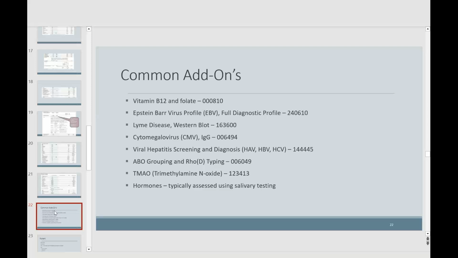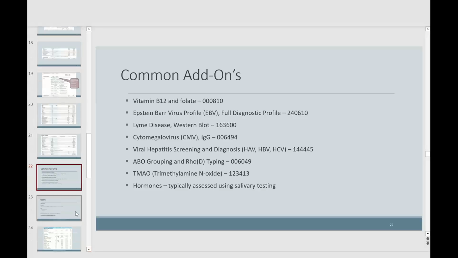If somebody is taking carnitine and they have dysbiosis and leaky gut, then that can raise TMAO. So I'm going to just watch TMAO because that is a really good predictive marker for heart disease and heart damage. And like I said, hormones, I usually do them with saliva testing.